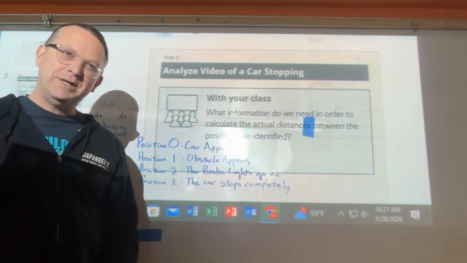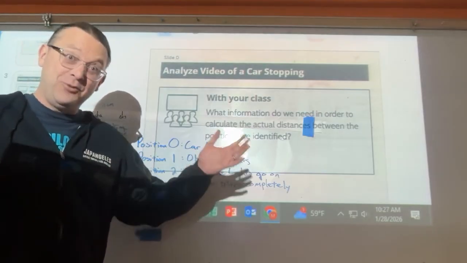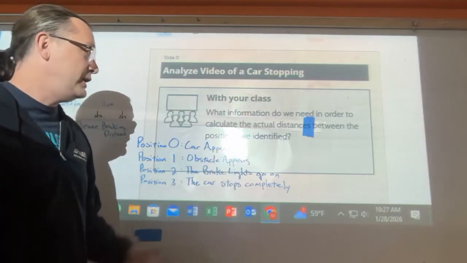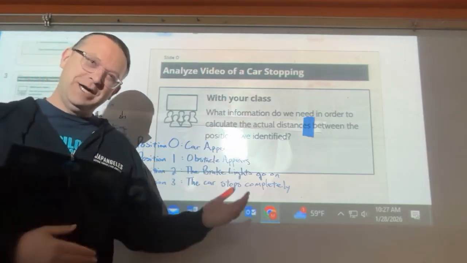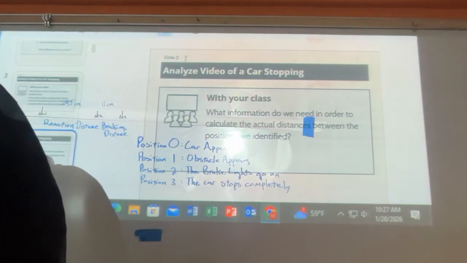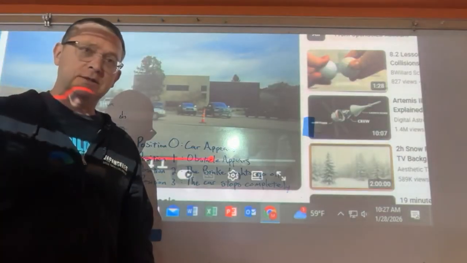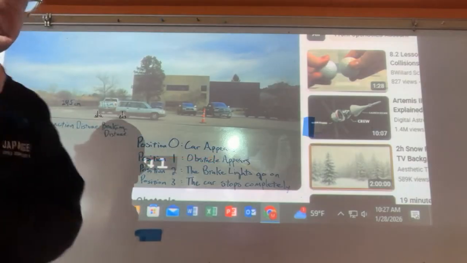What information do we need to calculate the actual distances in real life between the positions that we identified? Let's hear some of your thoughts. What distances should we calculate?